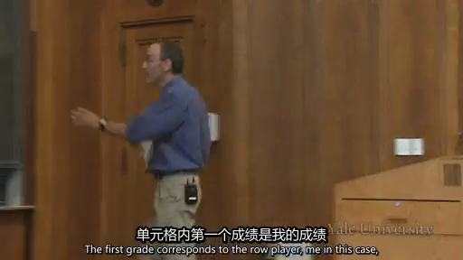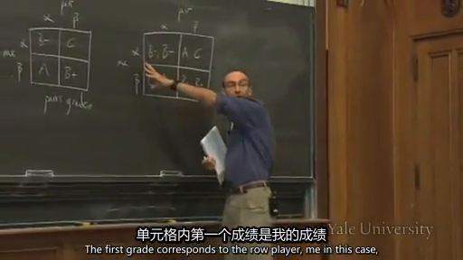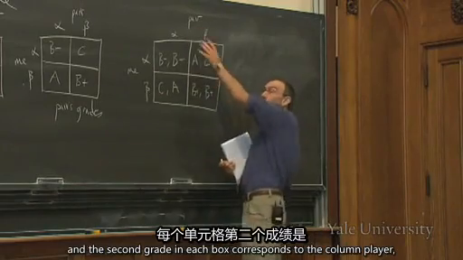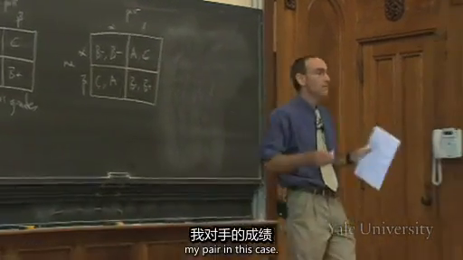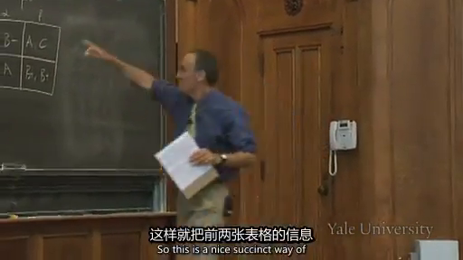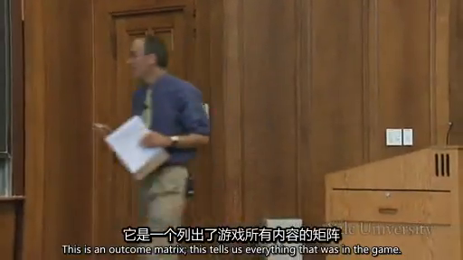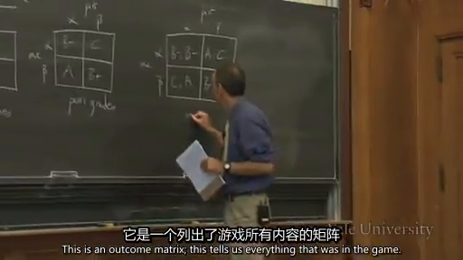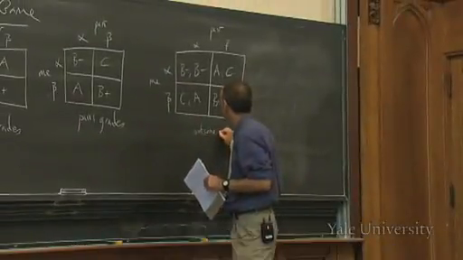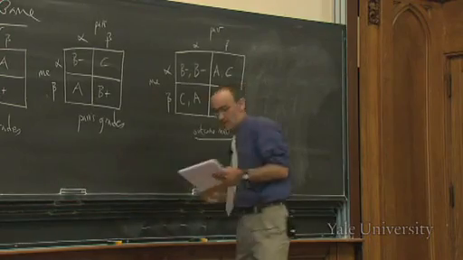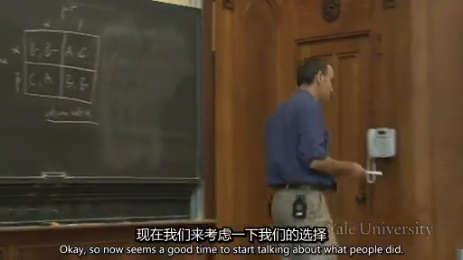The first grade corresponds to the row player, me in this case, and the second grade in each box corresponds to the column player, my pair in this case. So this is a nice succinct way of recording what was in the previous two tables. All right? And this is an outcome matrix. This tells us everything that was in the game.